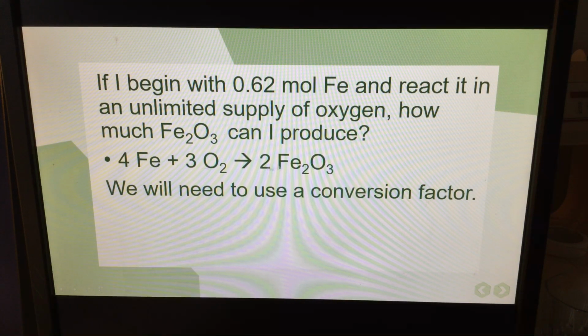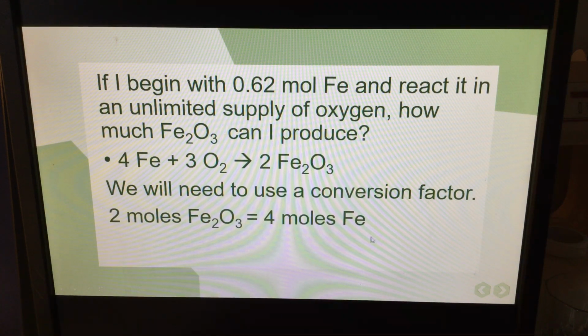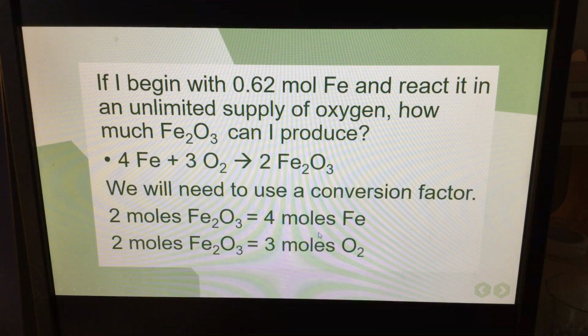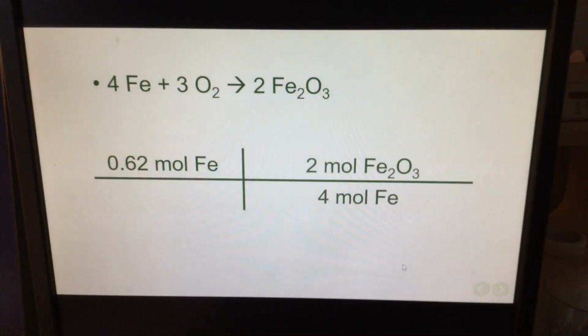We want to know how the moles of iron oxide equate to the moles of iron, so that will be our conversion factor. 2 moles of iron oxide equates to 4 moles of iron in this reaction. We have an unlimited supply of oxygen, so we are not worried about the bottom conversion factor.